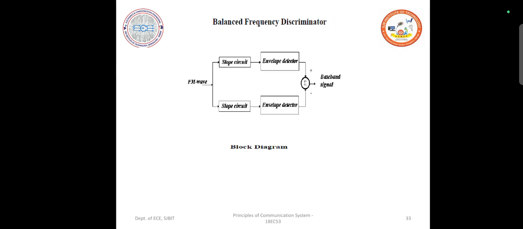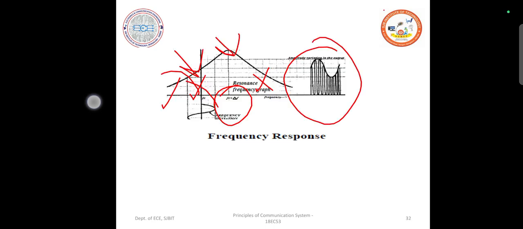Now this block diagram basically speaks about a balanced frequency discriminator. So this is something like a two-fold circuit of what was earlier discussed for the slope detection. Why do we require it? When you observe the frequency response, we have drawn a very linear response at this point. If you see the slope of these two, on either side of FC plus delta F, the response looks more linear.